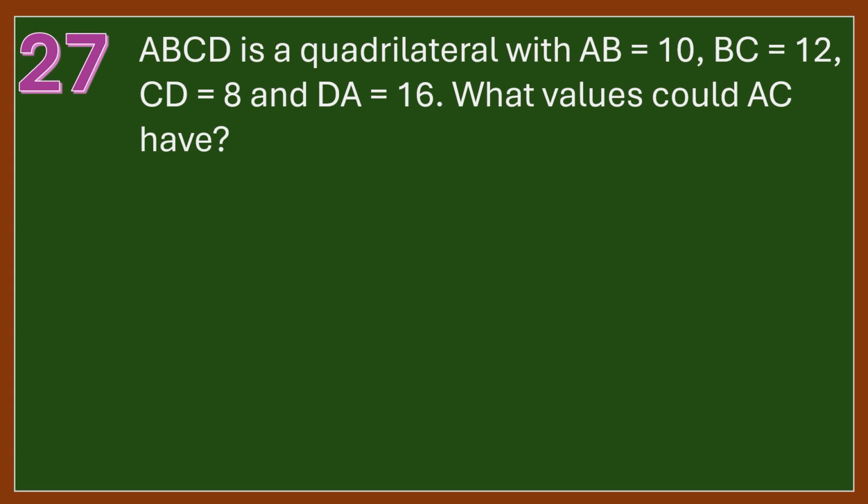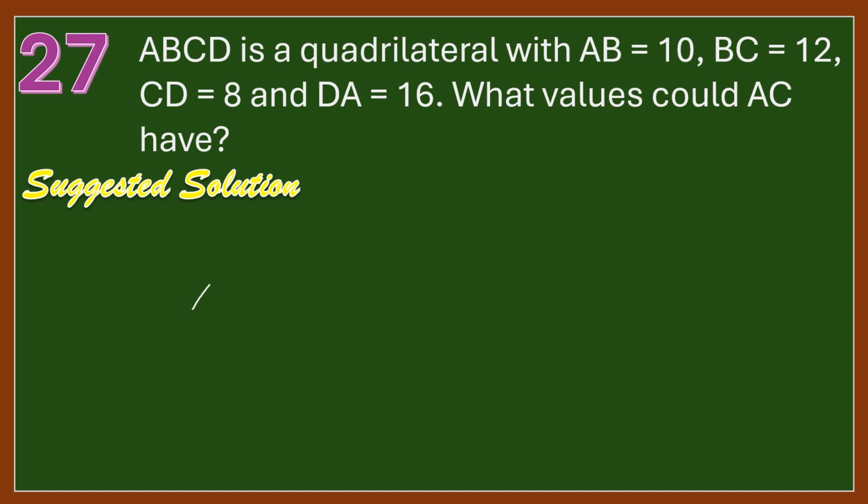Number 27. ABCD is a quadrilateral with AB equals 10, BC equals 12, CD equals 8, and DA equals 16. What values could AC have? For our suggested solution, let us draw the quadrilateral ABCD.